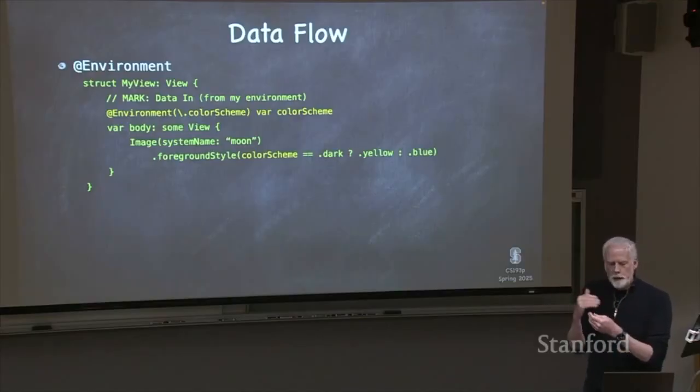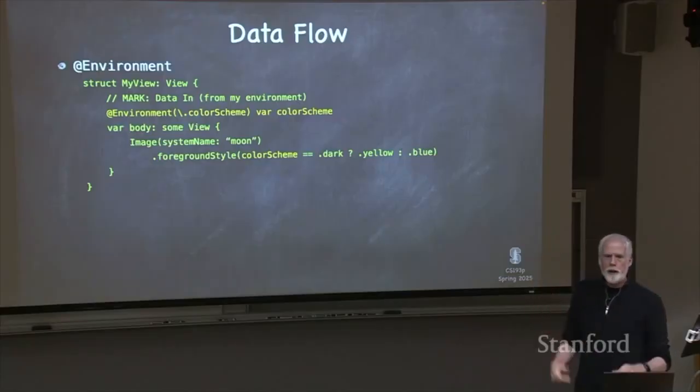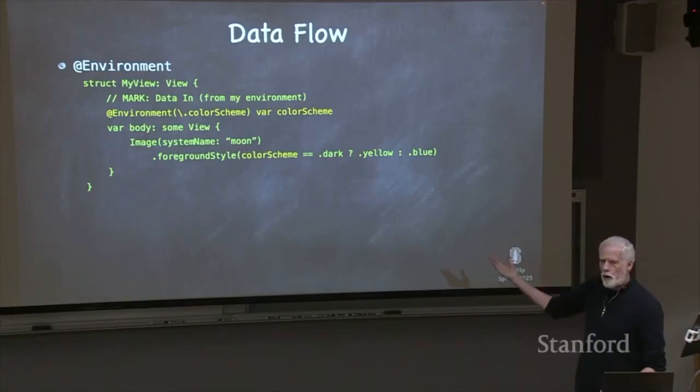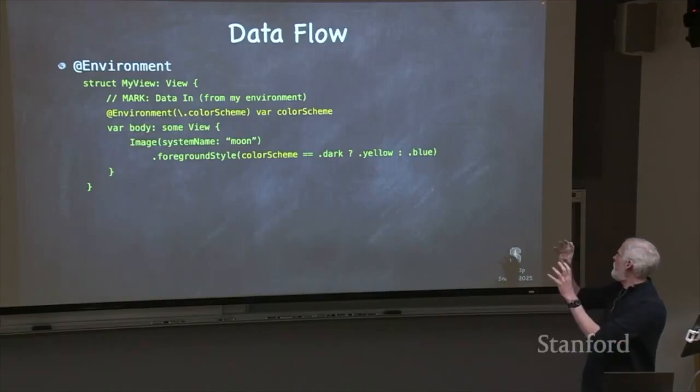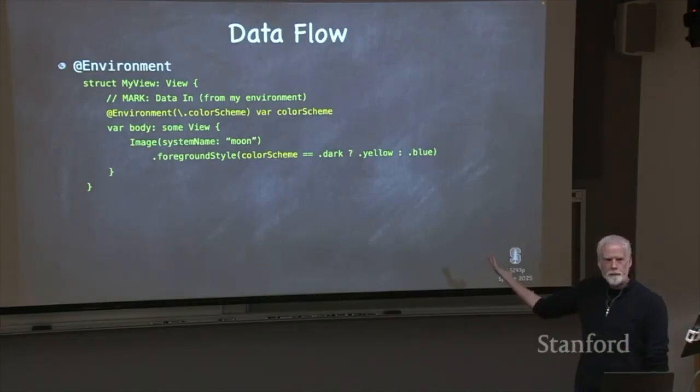Doesn't have to be, but it's usually the same name. And then inside your view, you can now see the colorScheme, dark versus light mode, of the environment your view is running in. So I might have my var body draw a moon, and if I'm in dark mode, it's a yellow moon, and if I'm in light mode, it's a blue moon. And I can do that by just looking at my colorScheme.